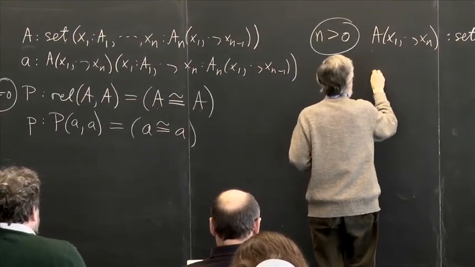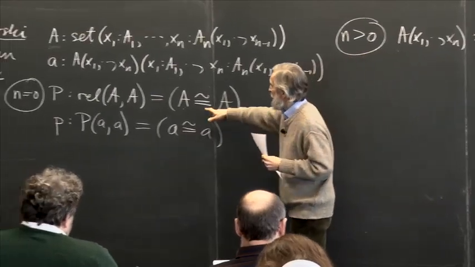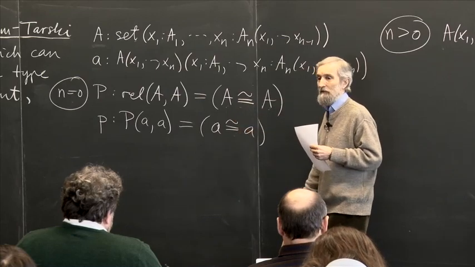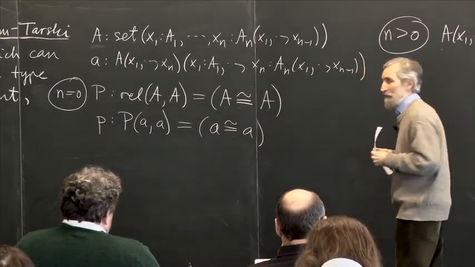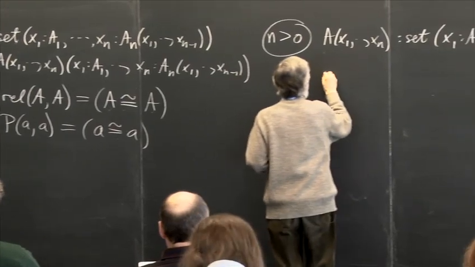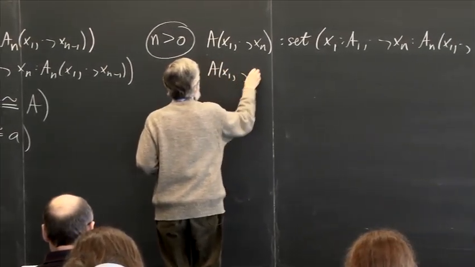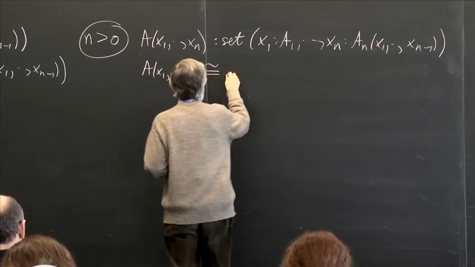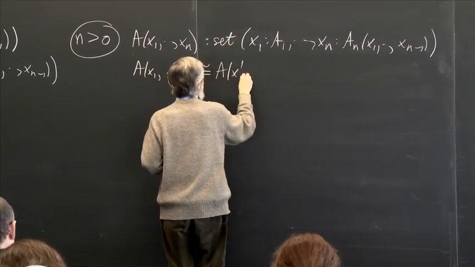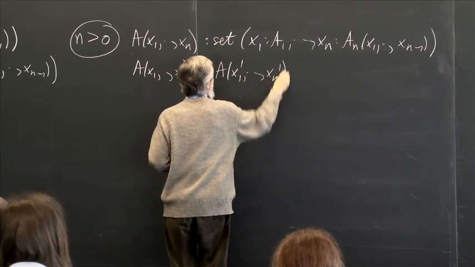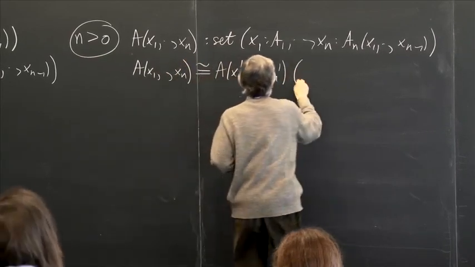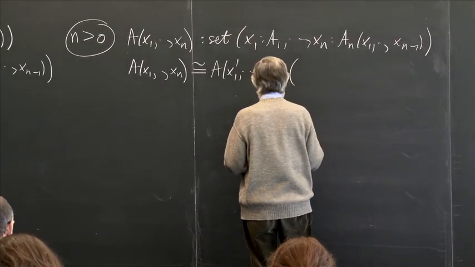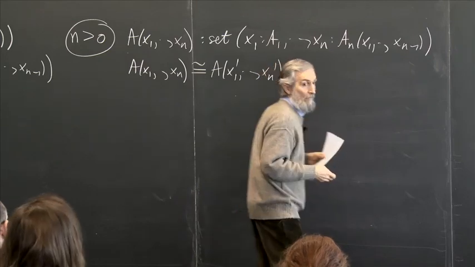And that is easily done provided we allow ourselves to work with this isomorphism symbol, although it doesn't mean isomorphism any longer. So it just means that A of x1 up to xn should be related to A of x1 prime, say, up to xn prime, provided x1 is related to x1 prime.